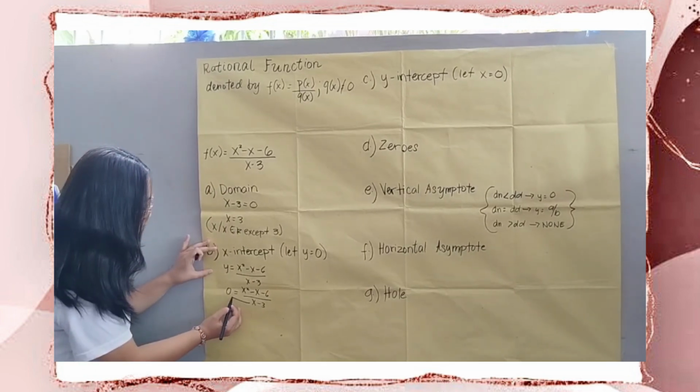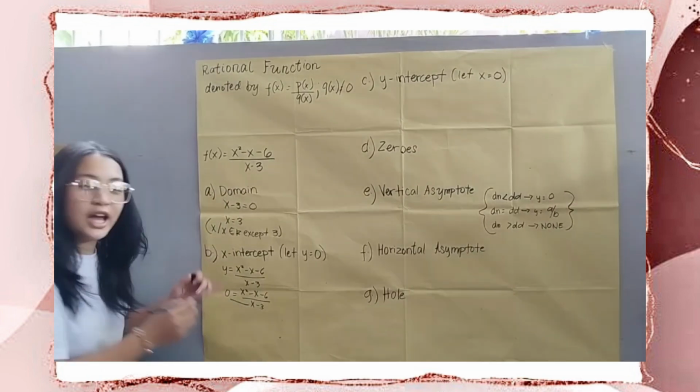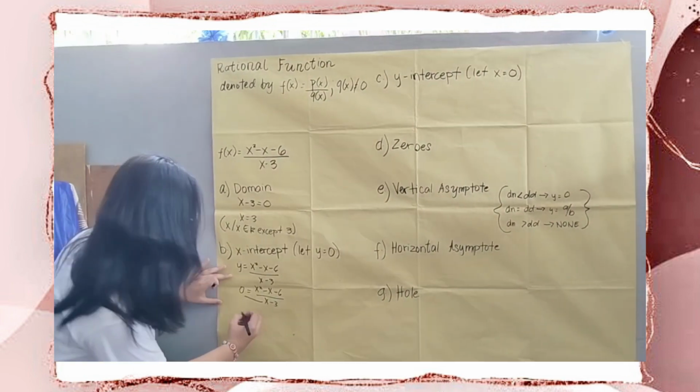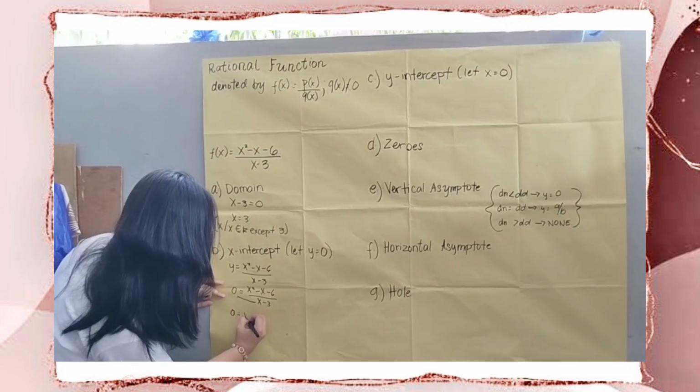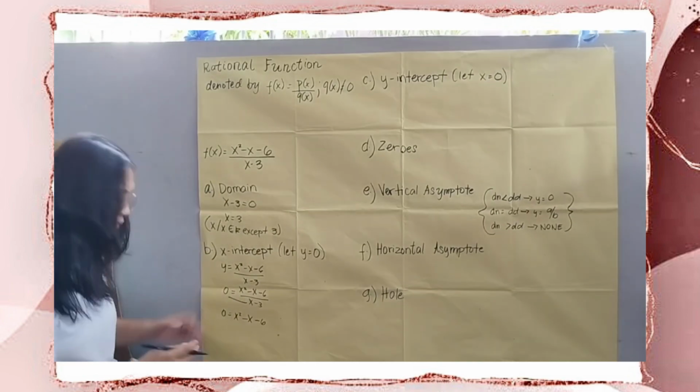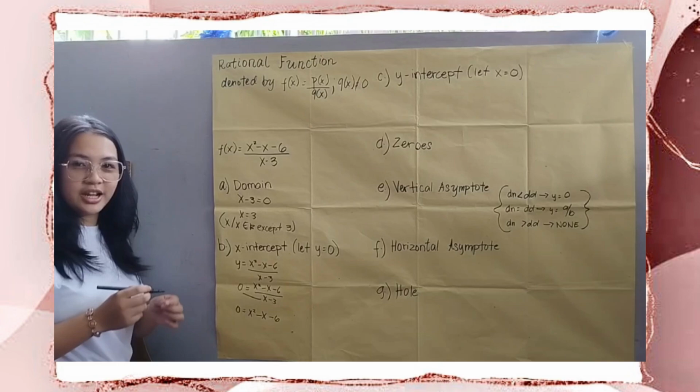So, cross multiplication, 0 times x minus 3 is 0. Yung makukuha nating sagot ay 0 is equal to x squared minus x minus 6.